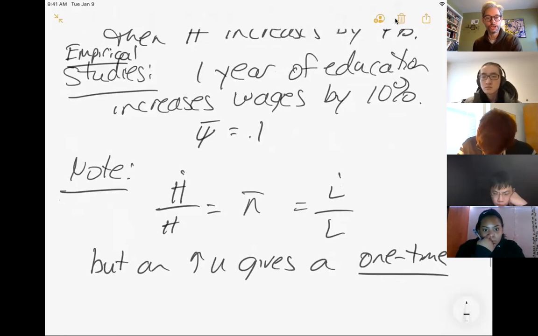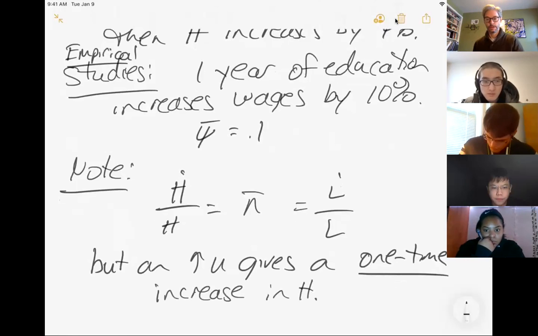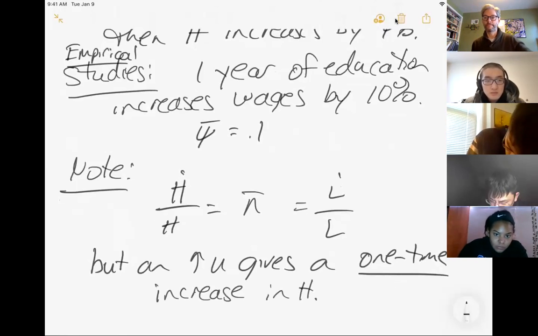However, an increase in u gives a one-time increase in H, right? So over the long term, how fast does human capital grow? At the rate of population. But an increase in education gives a one-time increase in human capital, right?